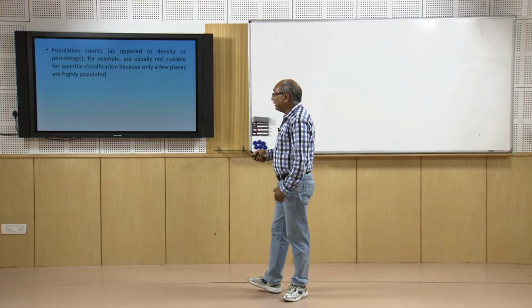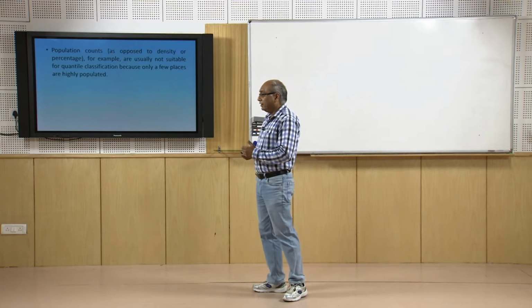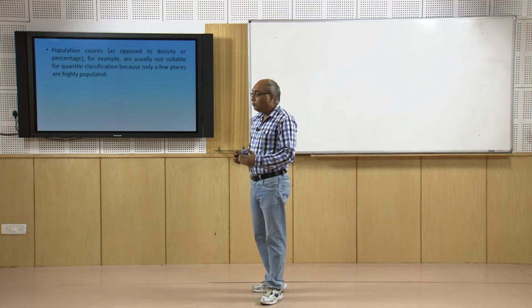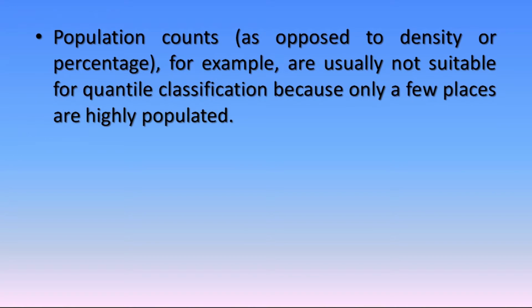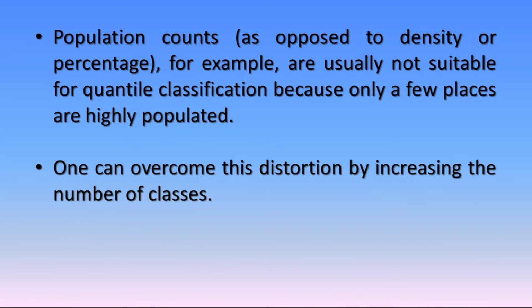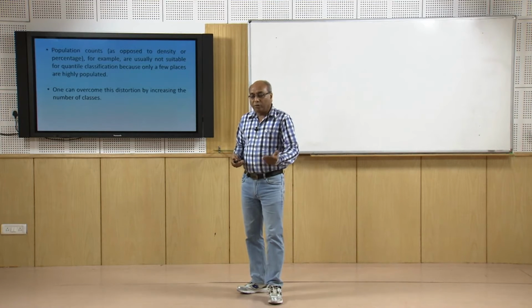Now if we take a polygon example, population counts as opposed to density or percentage, for example, are usually not suitable for quantile classification because only a few places are highly populated, and one can overcome this distortion by increasing the number of classes. But if you increase the number of classes, probably you are going backward.